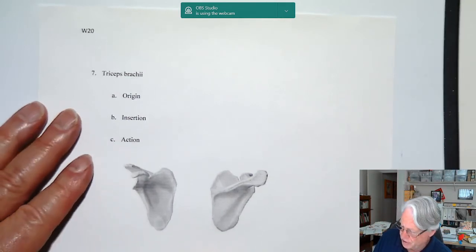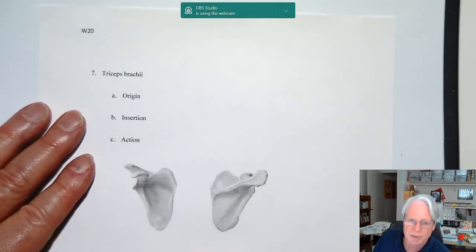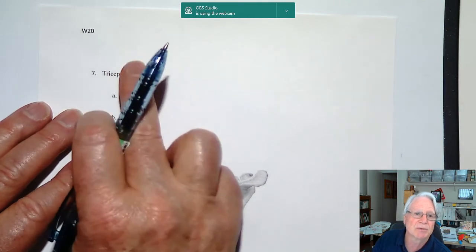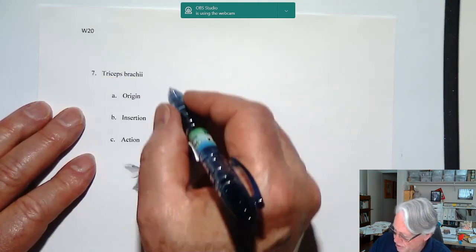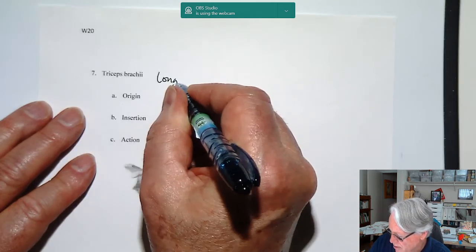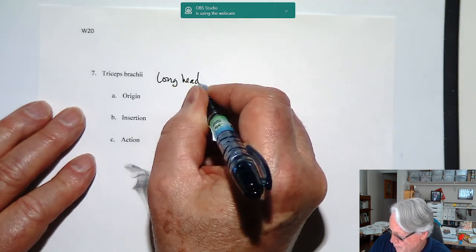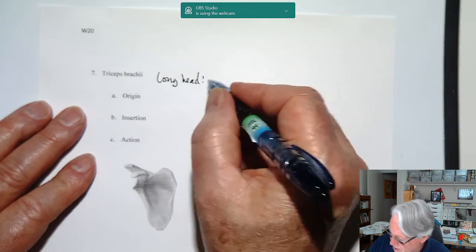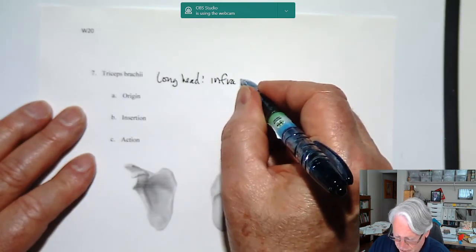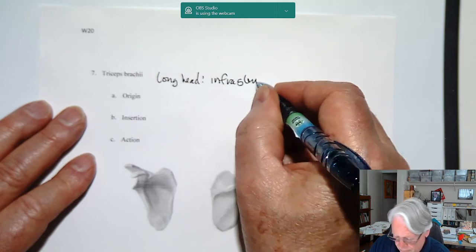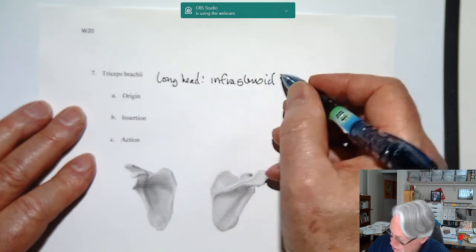And for origin, we want to give ourselves a lot of room because we have three in this case, because we have three triceps, three heads. Okay, so we want to do long head. And long head is the infraglenoid tubercle.